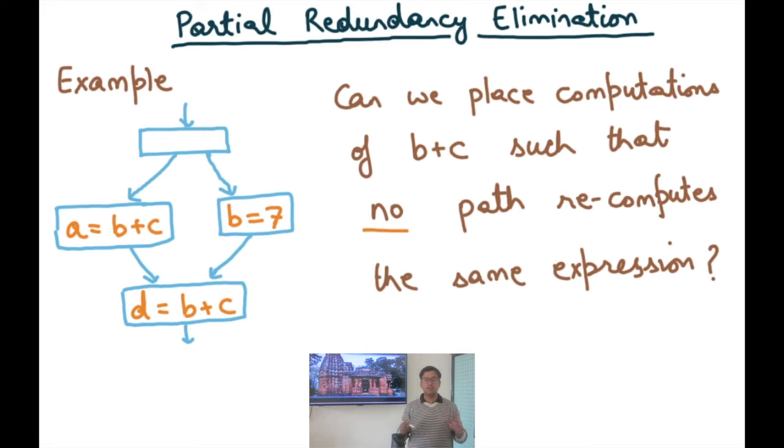All right. So basically no program path. Recall that there could be potentially an infinite number of program paths in the program because there are loops and other things. But can we place computations of any computation? In this example, I'm using b plus c as an example, or any given computation, such that no path recomputes the same expression more than once, right?